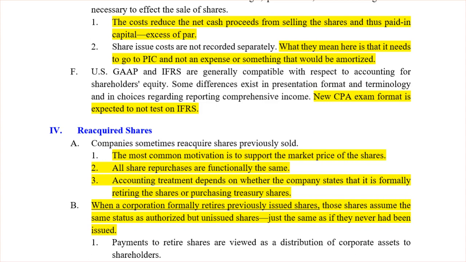And to retire them, you're going to have to go out to the market and pay cash. So you can think of it in terms of a journal entry as the reverse of what you did.